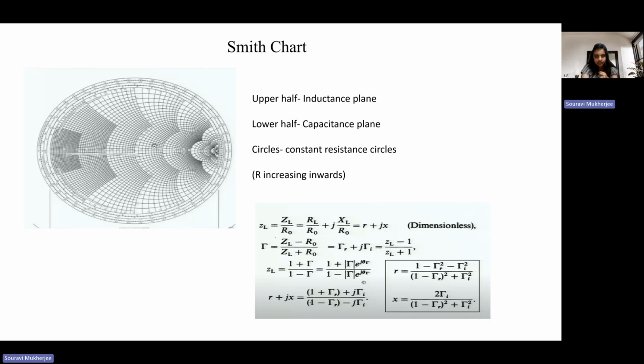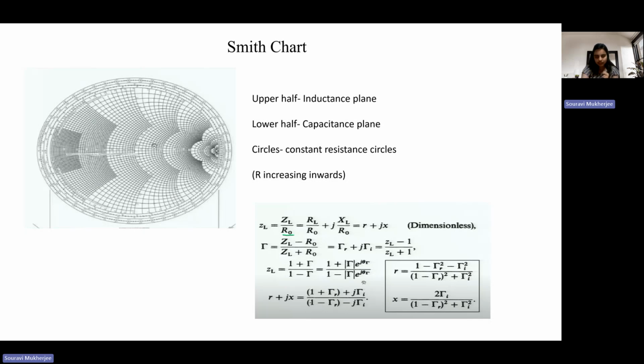Okay, so what we can do is, we know that here we are representing normalized impedance, right? So if you have some load ZL, you can normalize it with respect to the characteristic impedance of your transmission line. In general, for typical good transmission lines, the characteristic impedances are generally real.